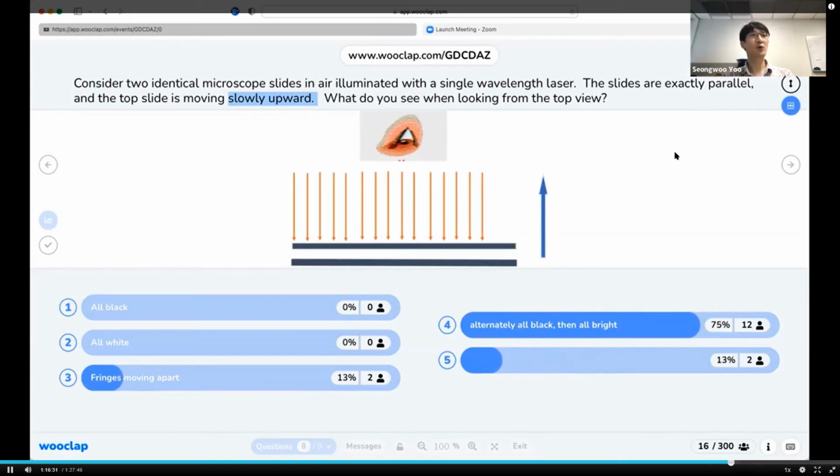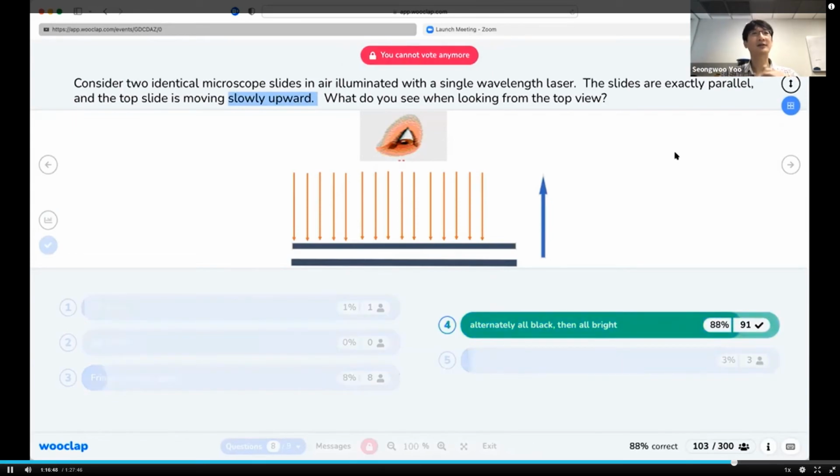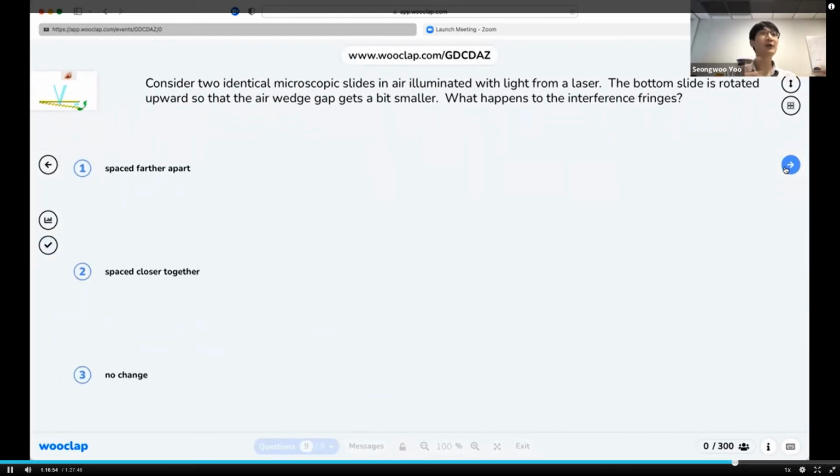All black, all white, moving apart, or changing from the dark fringe to the bright fringe? I'm going to close the vote in 5, 4, 3, 2, 1. The correct answer is 4. So alternately it is all dark and then all bright.